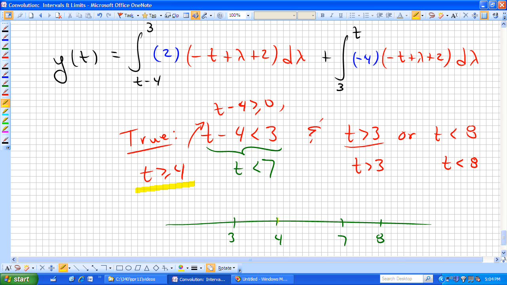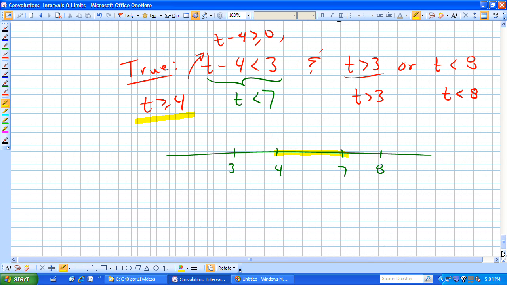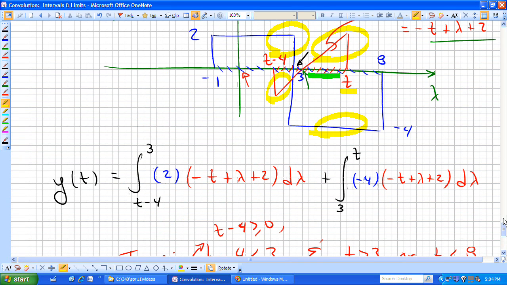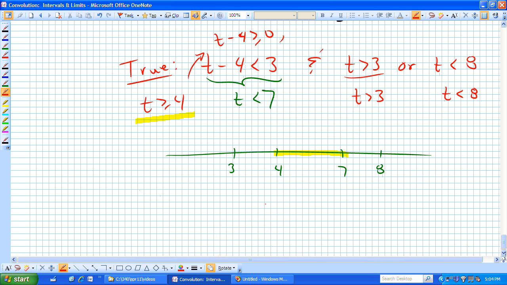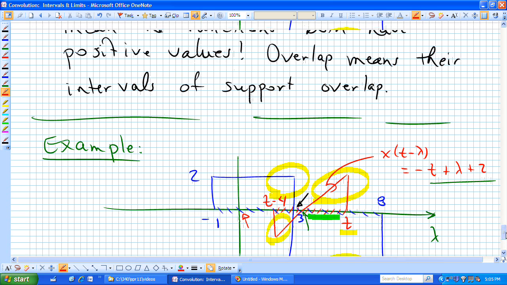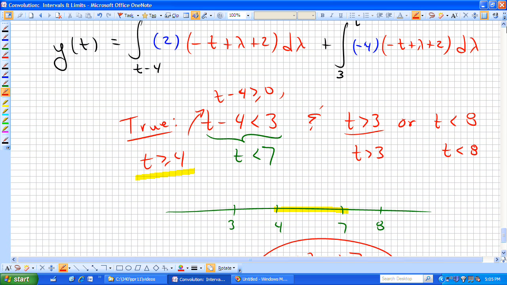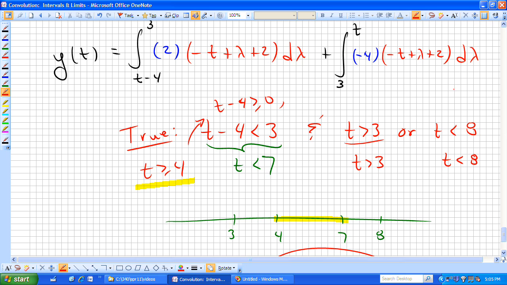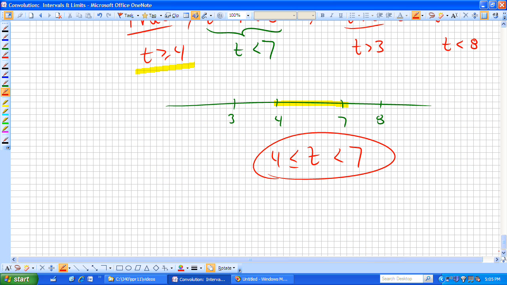What you're going to do is take this smallest interval, so this functional form is true for the range t greater than or equal to 4 and less than 7. That's when this particular convolution integral expression is valid, which I said is t between 4 and 7. I think that's enough for intervals and limits.